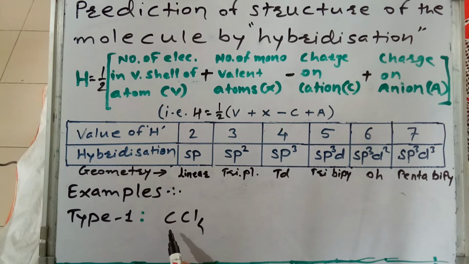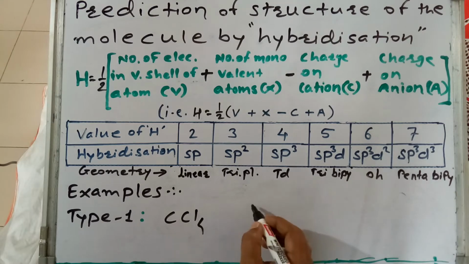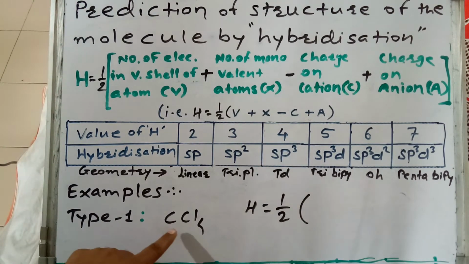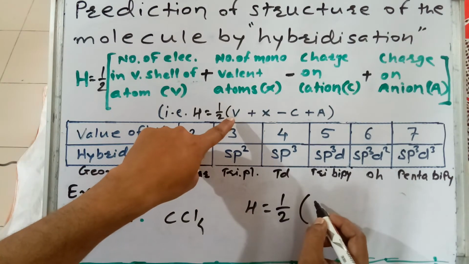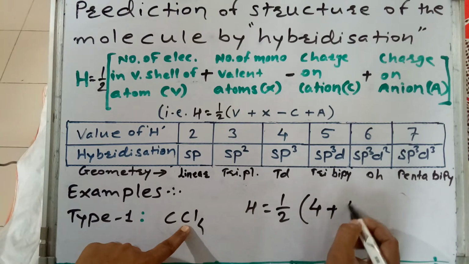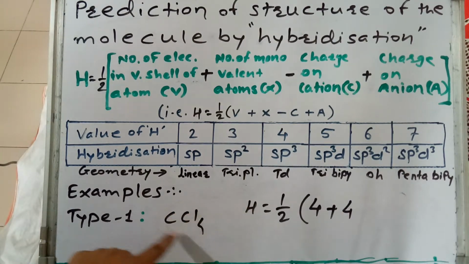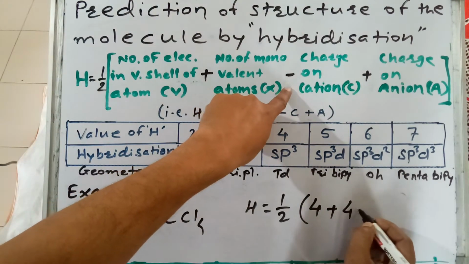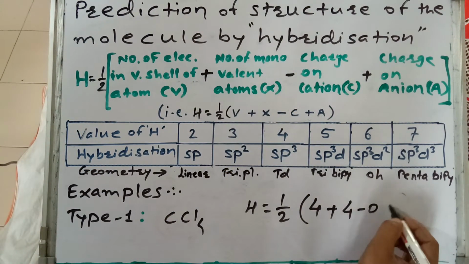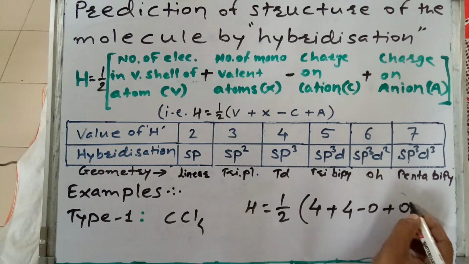This central atom is surrounded by all monovalent atoms. So H is equal to half, the central atom having how much valence electron? 4, plus the surrounding atoms, all monovalent, and these are total 4, and there is no positive or negative charge, so minus no positive charge, plus no negative charge.